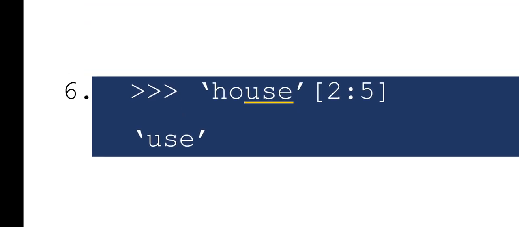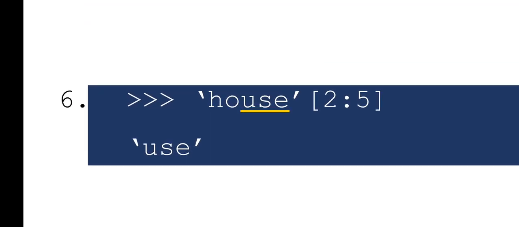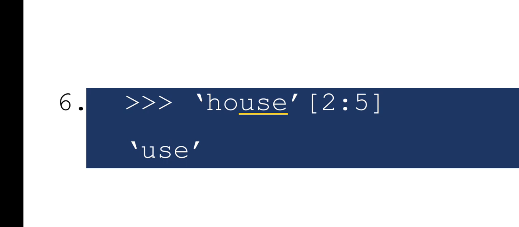This is the last example we have, example 6. This time around, in the same string house, what we have in the pair of square brackets is 2 colon 5. So it will return a substring starting from the character at index 2 to 1 short of 5, and 1 short of 5 is 4.